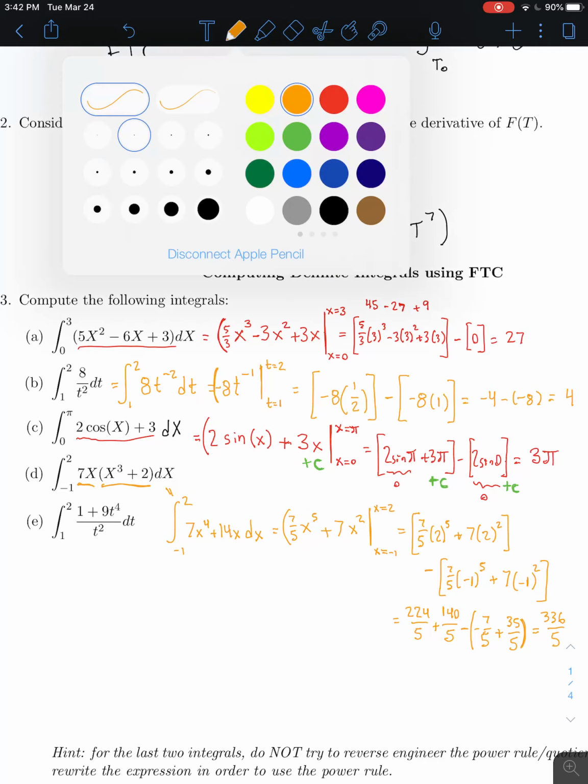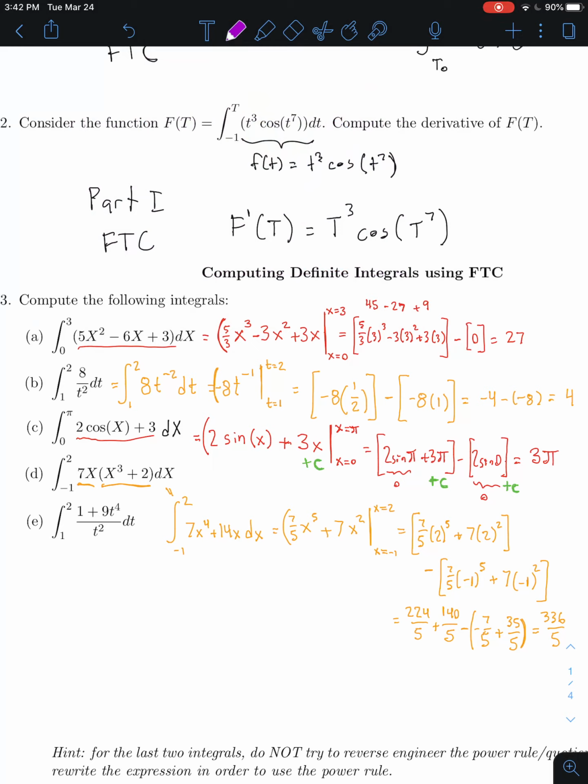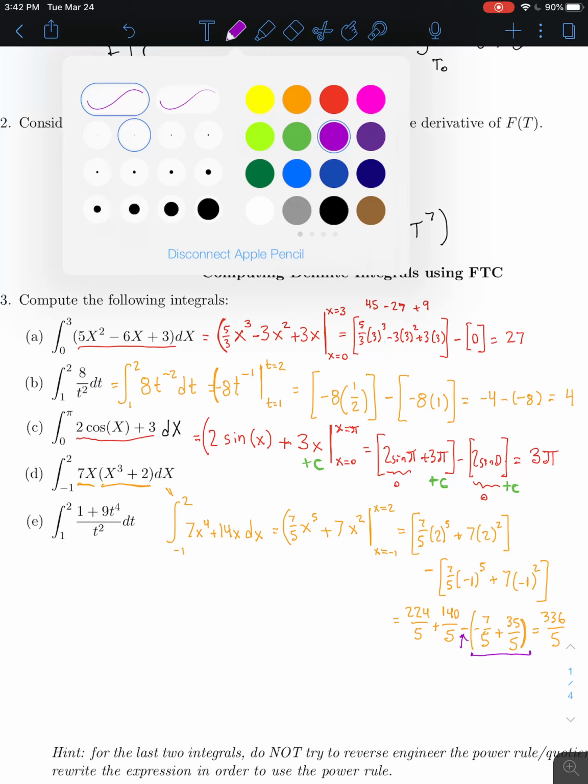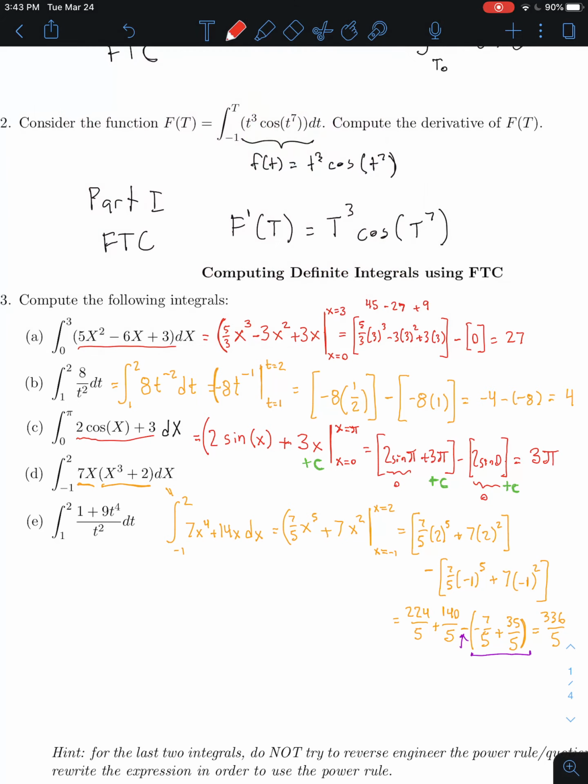So a common mistake that people make here is they forget to distribute this minus sign right here through all of the terms in the second evaluation. A lot of people will drop minus signs and make some sign errors here, so be very careful of that when you're doing these computations.